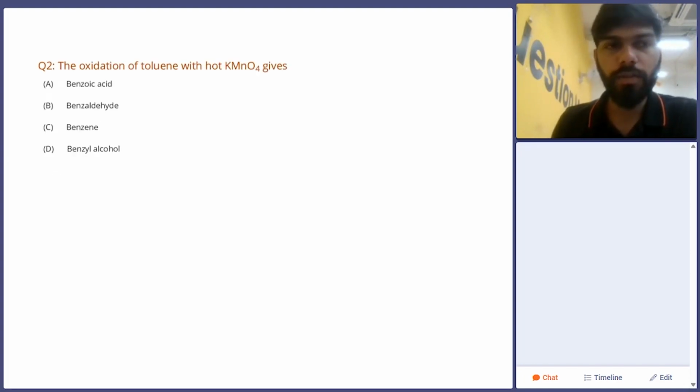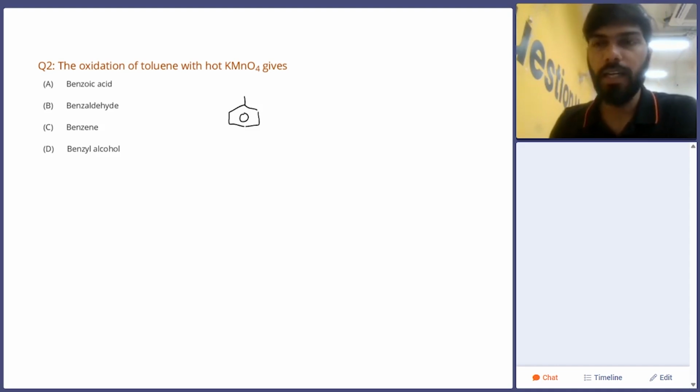Now the next question: the oxidation of toluene with hot KMnO4 gives what? See, whenever we have a phenyl group along with an alkyl group substituted directly on the phenyl group, let us assume it is toluene, in the presence of hot alkaline KMnO4 that alkyl group directly converts into benzoic acid.